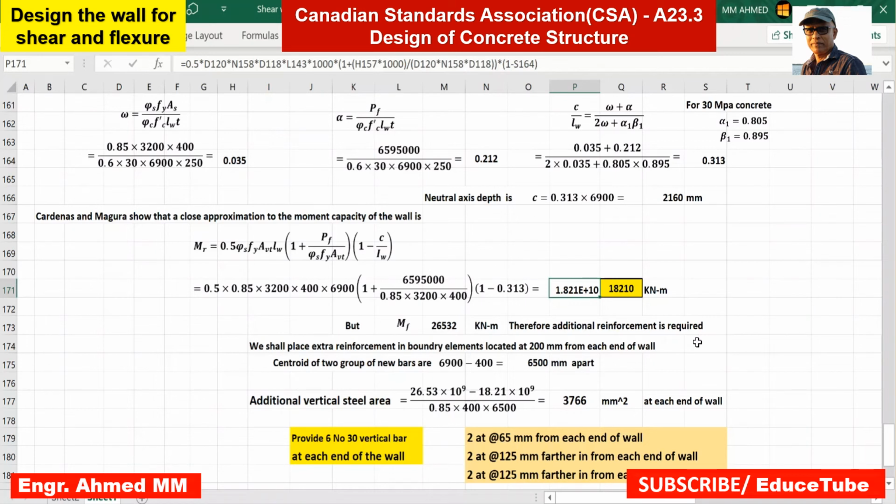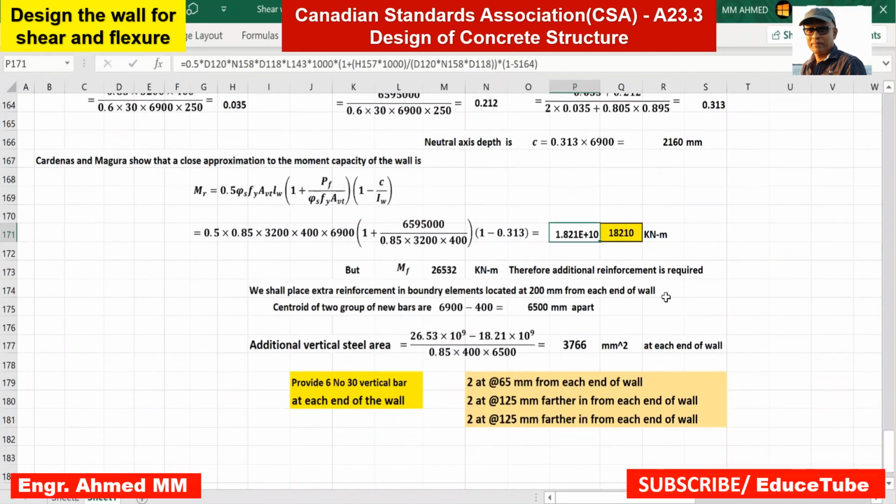If you imagine the wall, then you think of both ends. It will be 200 from both ends. So surely our length was 6900, minus 400. So the central part comes to 6500 millimeter.